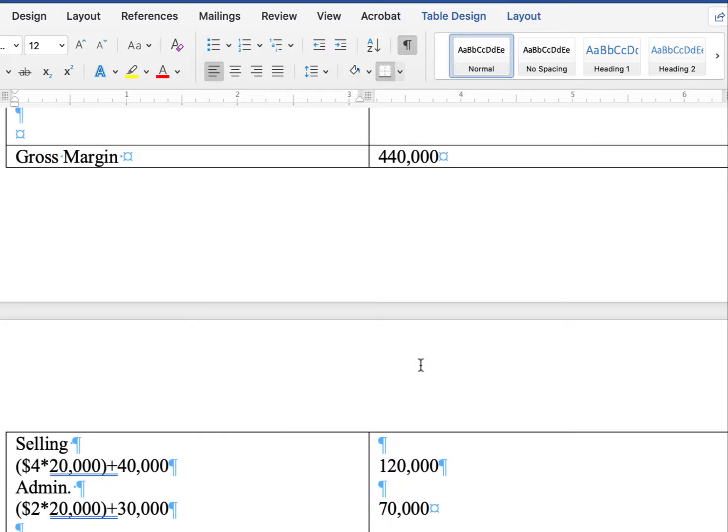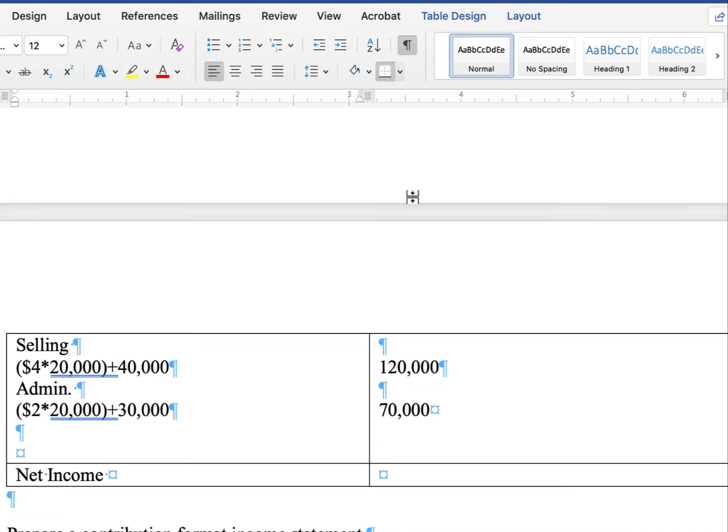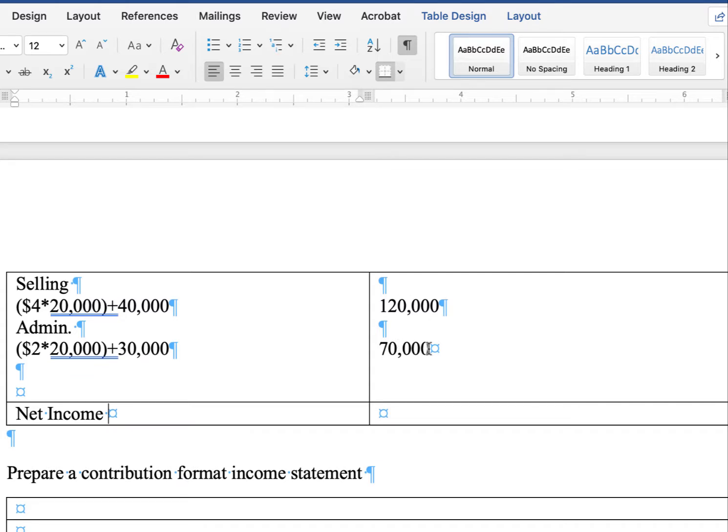I'm going to take my gross margin of 440,000 and subtract out my selling and administrative expenses, and I'm going to end up with $250,000.